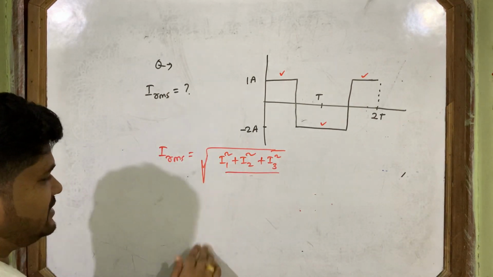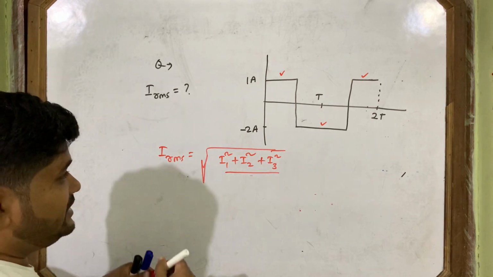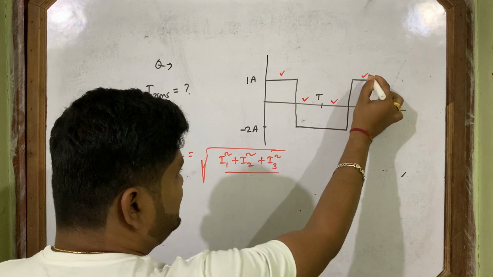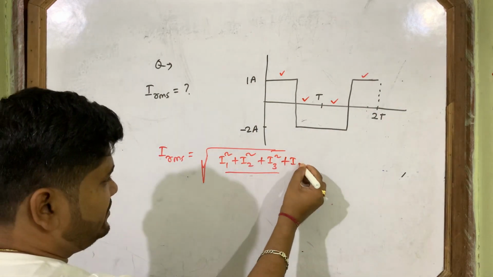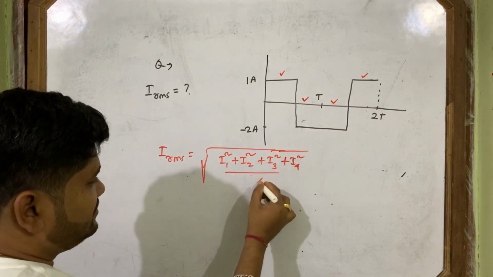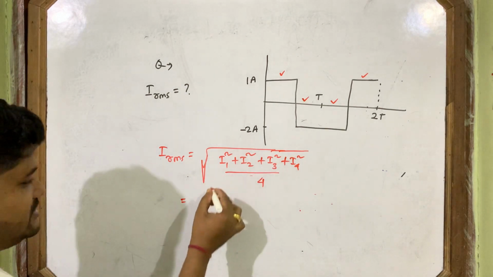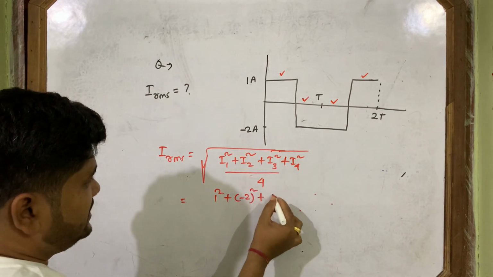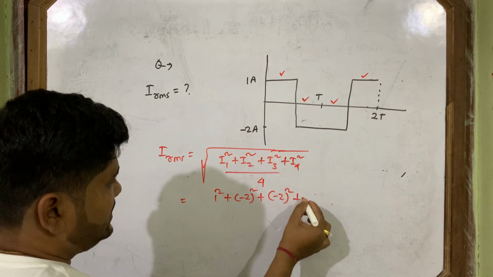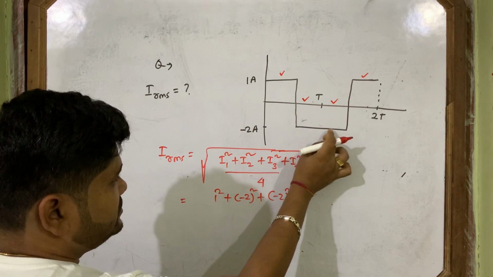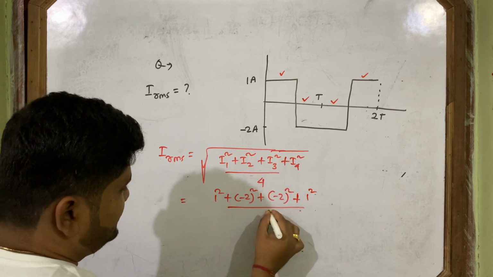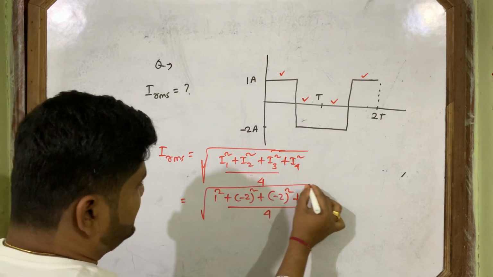So what we do here is, in every interval you will see one interval here, one here, one here, one here. So another value you can add, I4 square by 4. So this is I1 square, 1 square, this is minus 2 square, again minus 2 square, and then again 1 square, by 4, root over.